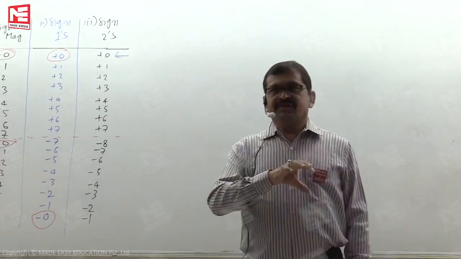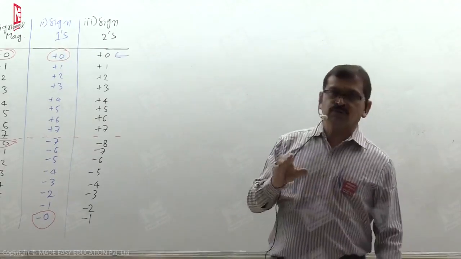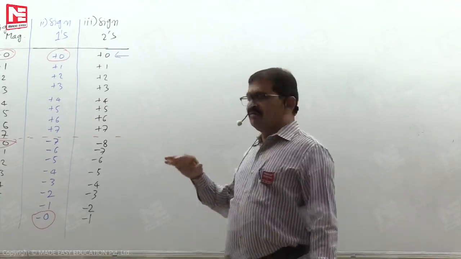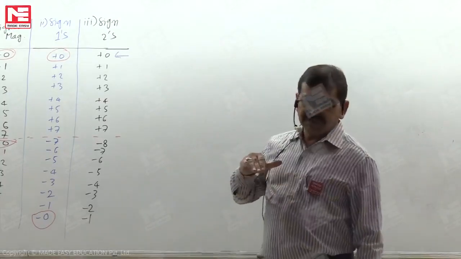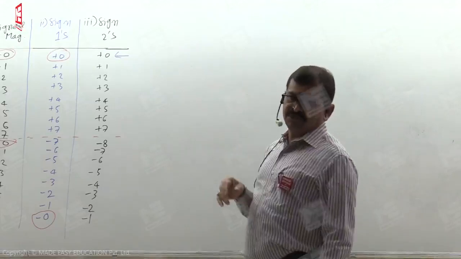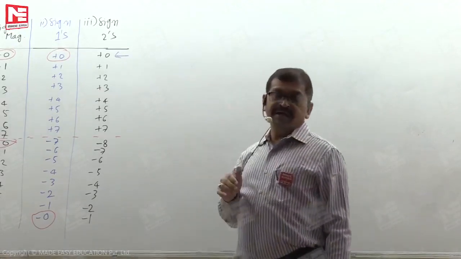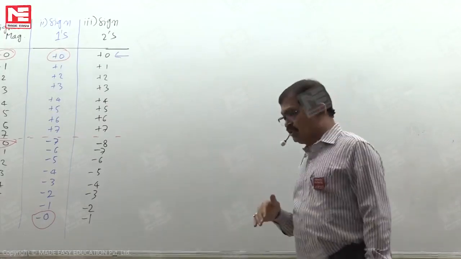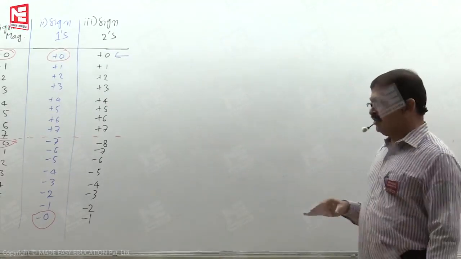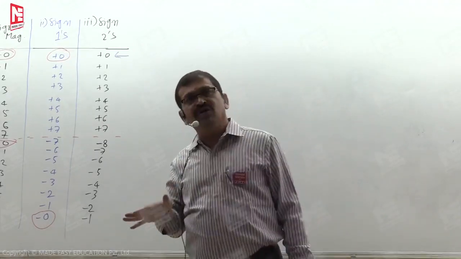Later we discussed the complements, 1's complement and 2's complement. Finally, the last topic we considered in number systems was signed binary number representation.